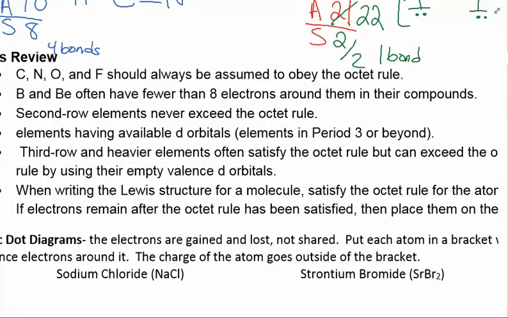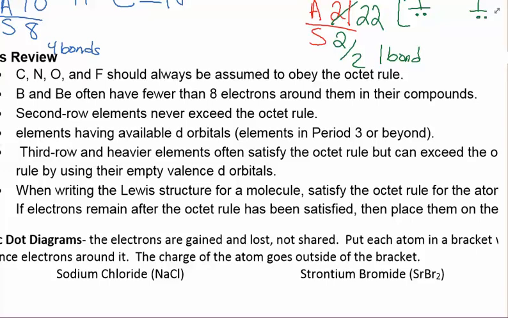So this is just a review of everything that we've talked about with this. Most things follow the octet rule. Carbon, nitrogen, oxygen, and fluorine always follow it. Boron and beryllium can sometimes have less than 8. Second row elements can't exceed the octet rule.